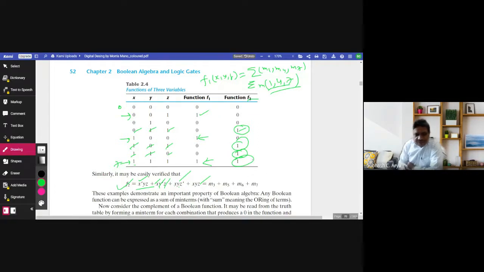So this is how we can write. From the truth table we can write the function, and from the function we can write the truth table, or vice versa.